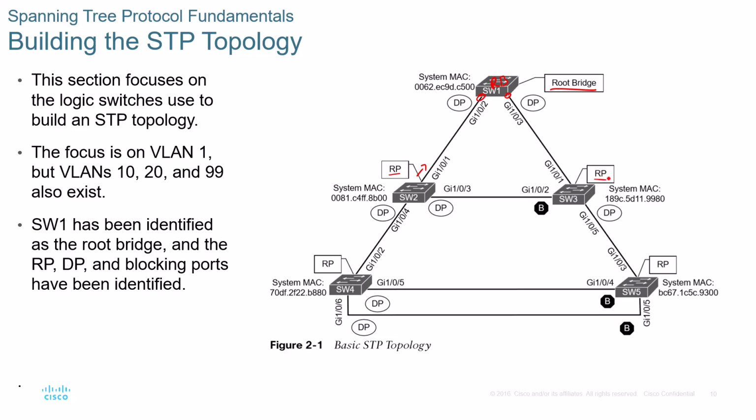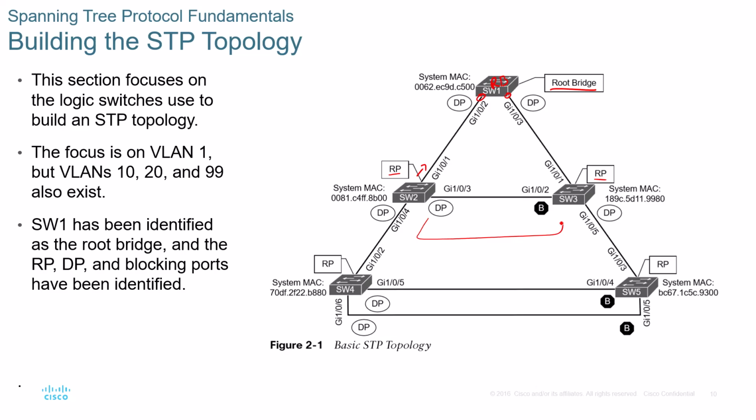That means in between switch 2 and switch 3, one of them will transition to a designated port, and one of them will transition to a blocking port. A combination of the priority, the system MAC address, and the VLAN identifiers will be used to identify which one will be in the blocking state.